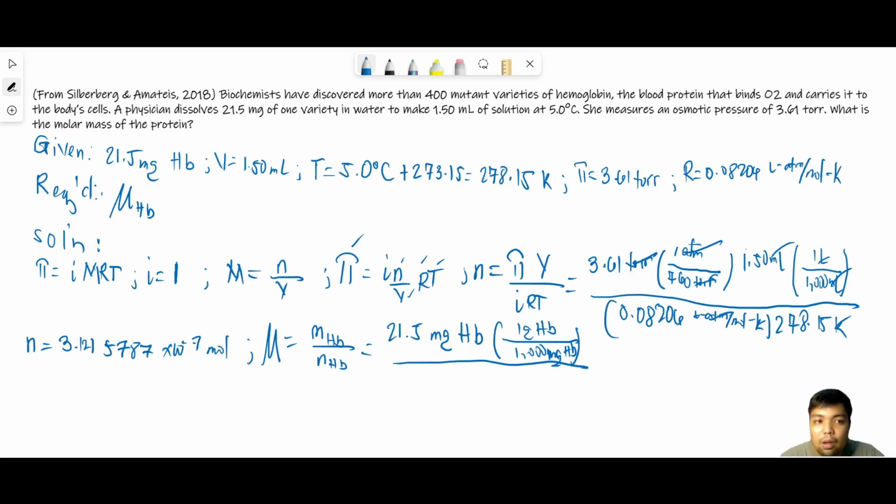So we have 3.1215787 times 10 to the negative 7 mole of hemoglobin. Since it is quite a large value, we'll just round it off to the nearest whole number. So the answer, to the nearest whole number, is 68,000.